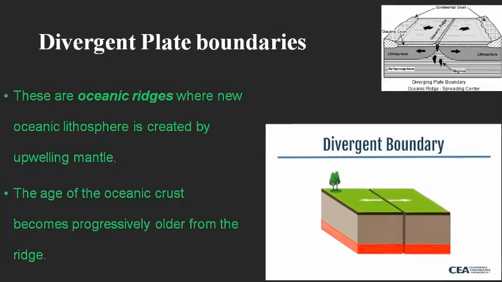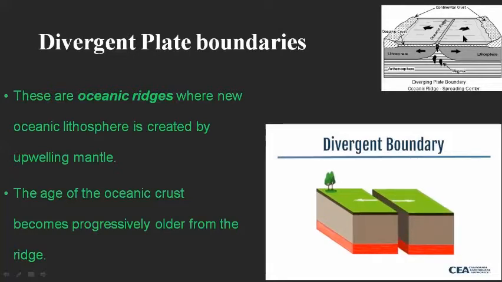So this magma comes outside and is pushed to either side, and as it is pushed, new oceanic lithosphere is created. For example, there is new oceanic lithosphere here and over here.